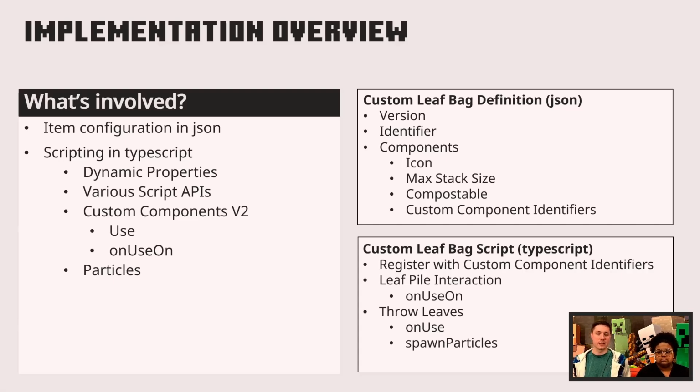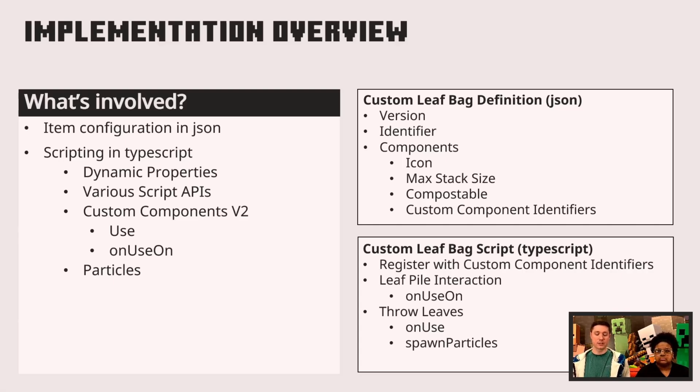Components are the same idea as in blocks, where they have different attributes that you can modify, like the icon, the max stack size, things like compostable if you want to use the composter, and also custom component identifiers. That is again similar to how it works in blocks, where you can then loop that into the leaf bag script.